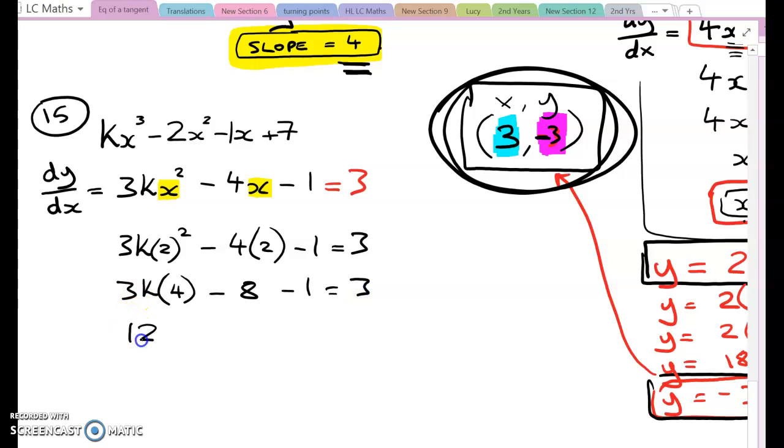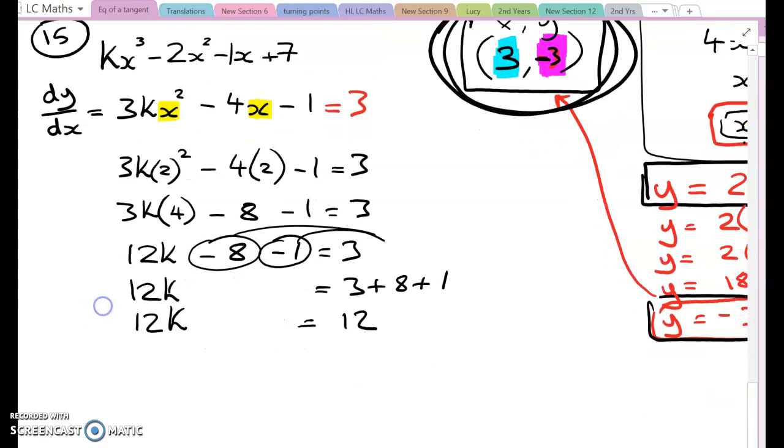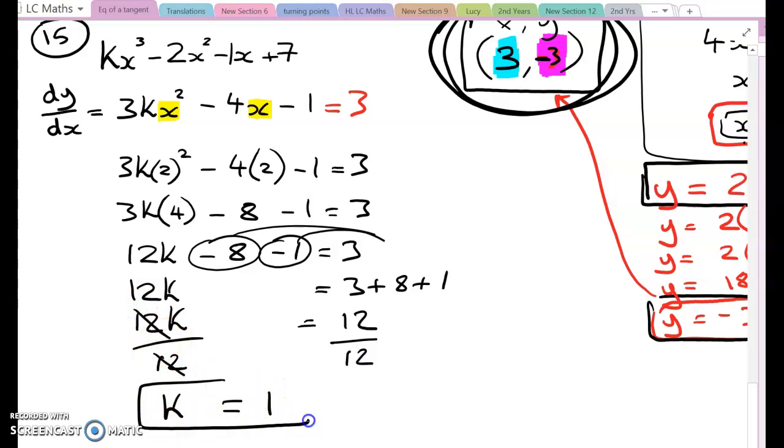So that means 12k minus 8 minus 1 equals 3. Let's bring our numbers over onto the other side. We'll have 12k is equal to 3 plus 8 plus 1, which means 12k is equal to 12. And of course, if we divide both sides by 12 now, that'll isolate the k. We'll end up with k is equal to 1.